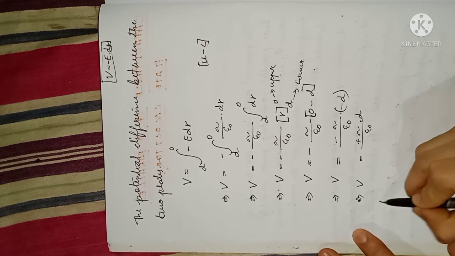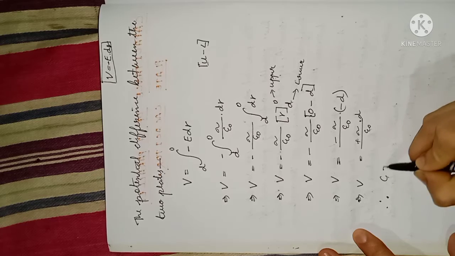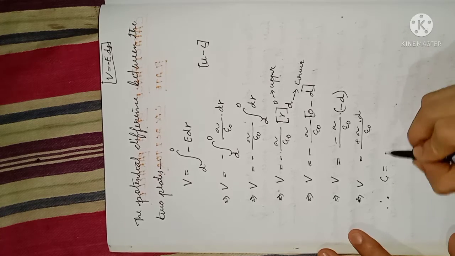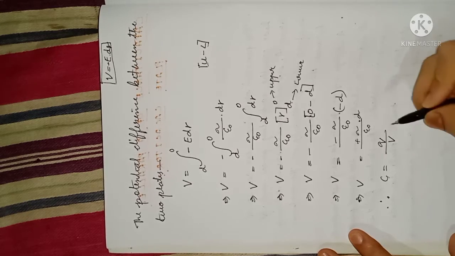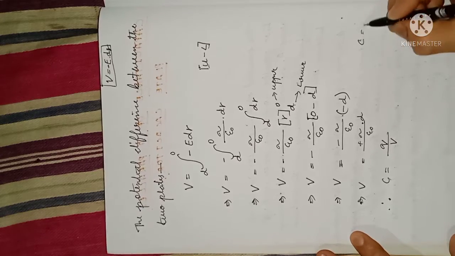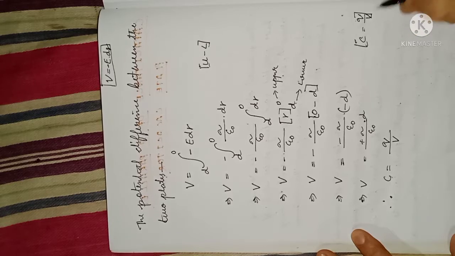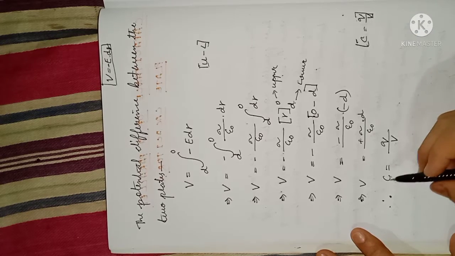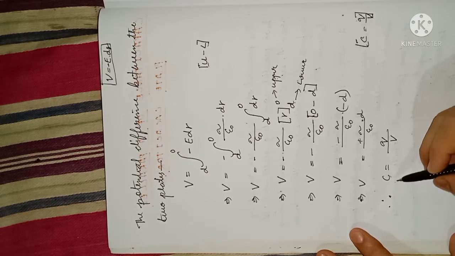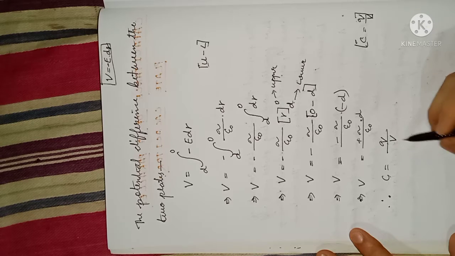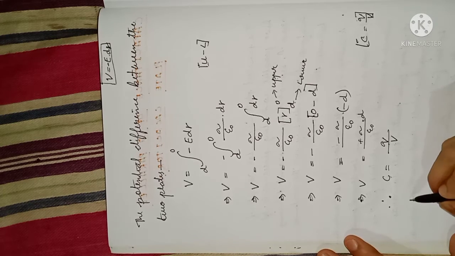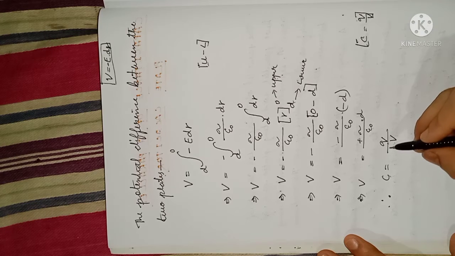So we know that capacitance is equal to Q by V. If you have not learned it, you will be learning soon about capacitance, so just remember the formula: capacitance is equal to charge by potential difference. Now we need to substitute the values.